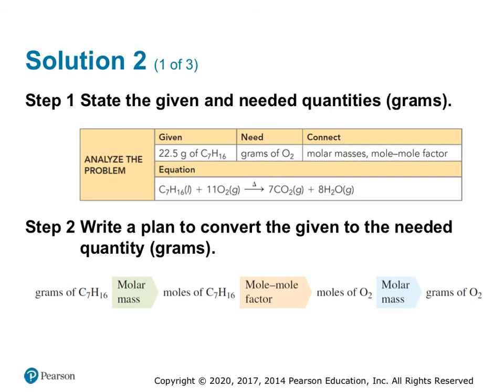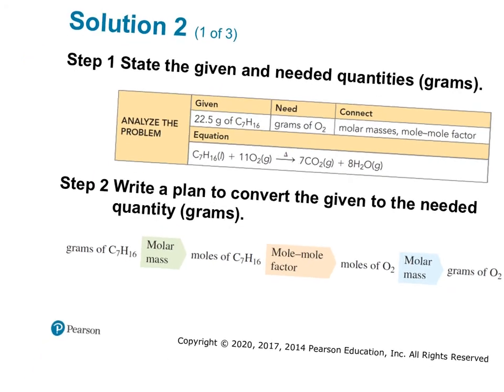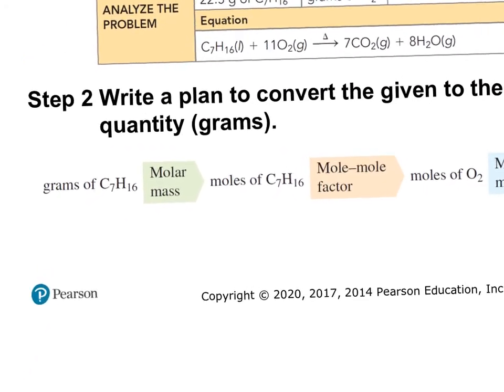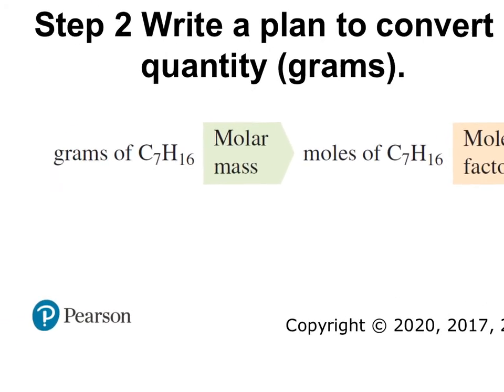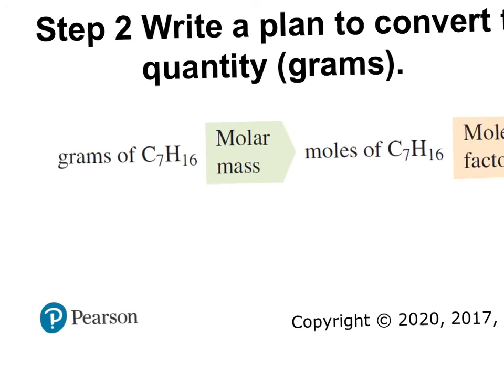So the first thing we want to do is find the molar masses. So we'll find a molar mass of C7H16. So carbon, we have 7. Hydrogens, we have 16. Carbon, looking at our periodic table, 12.01. Hydrogen, 1.01.